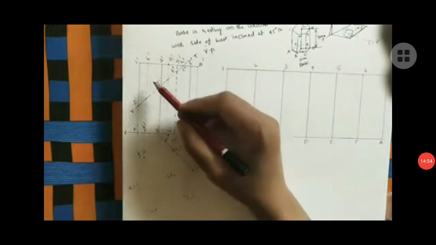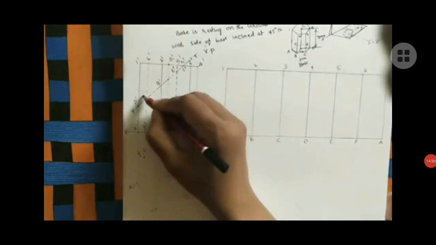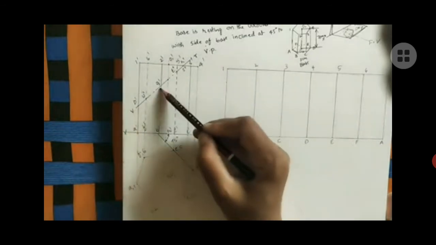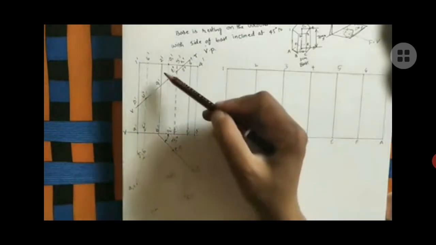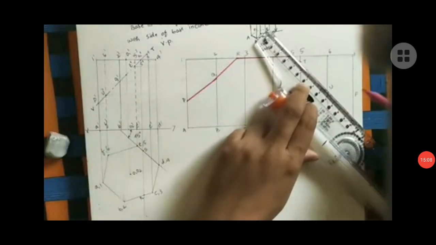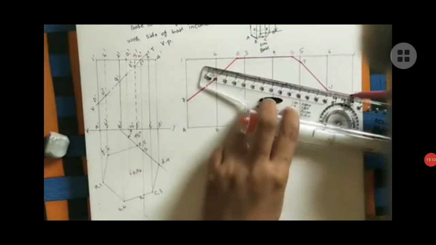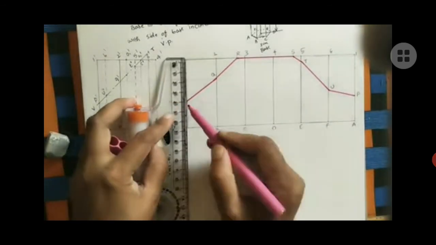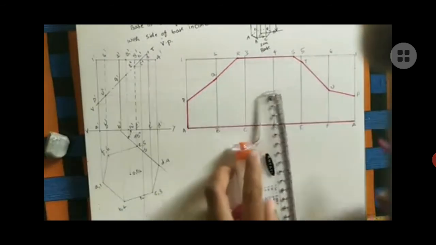Mark all the points P dash on this, join all the points and lines. So this is your required answer.